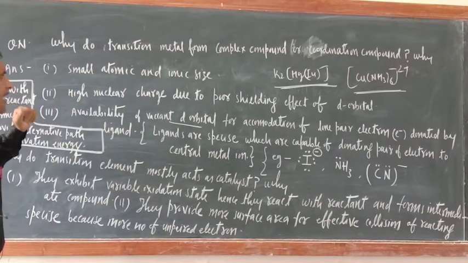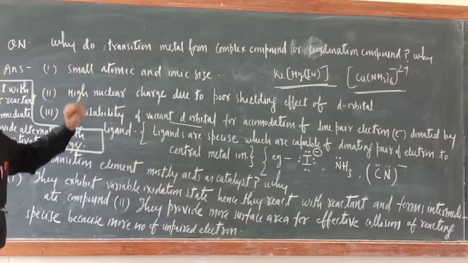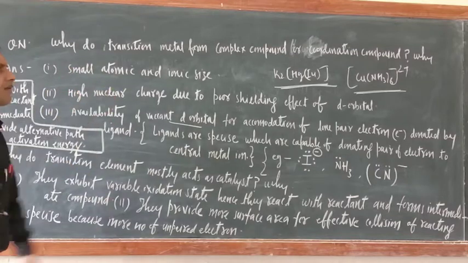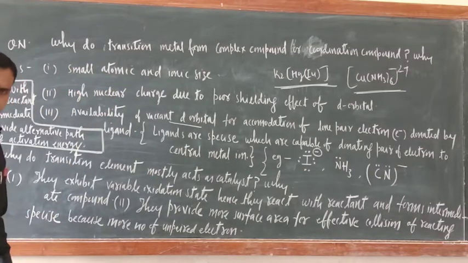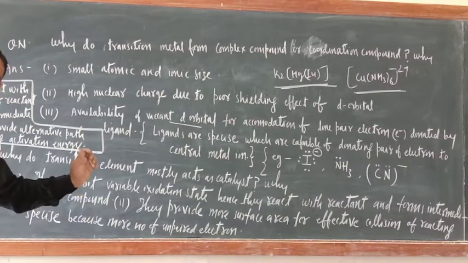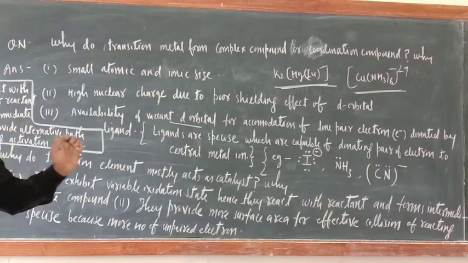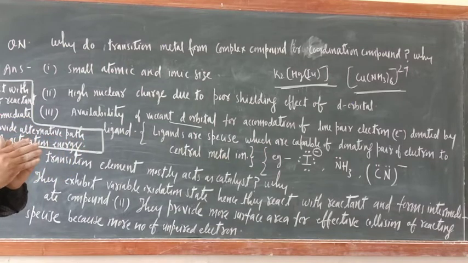Now you may ask, how is the small atomic and ionic size responsible for the formation of coordination compounds? If size is small, then ligands would be strongly bonded with the central metal atom, and the compound will be stable.